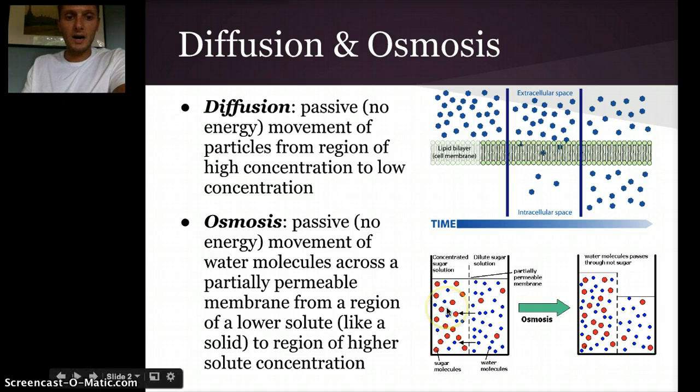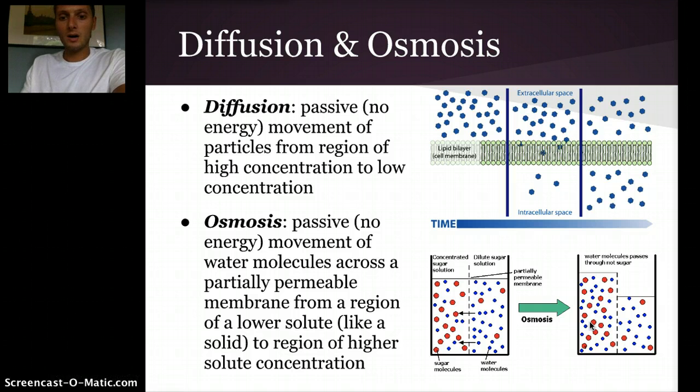So we have a very high solute concentration on this side and a low solute concentration on our right side. As osmosis progresses and as time goes on, we're going to see more water. These little blue dots here are representing water. We're going to see water actually move into the region that has a higher solute concentration. This is going to continue over time, just like diffusion, until we reach a state of equilibrium.